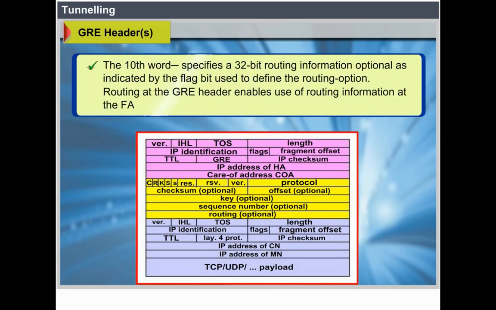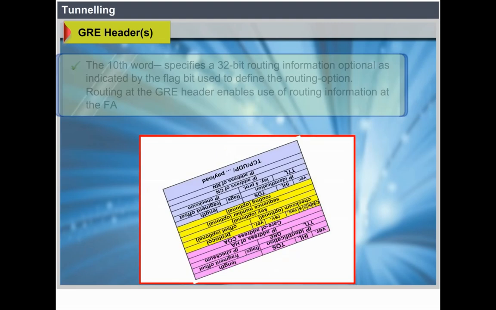The 10th word specifies 32-bit routing information, optional as indicated by the flag bit used to define the routing option. Routing at the GRE header enables use of routing information at the FA.